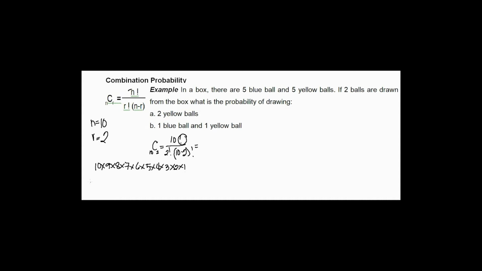For example, 5 factorial converts into 5 times 4 times 3 times 2 times 1.